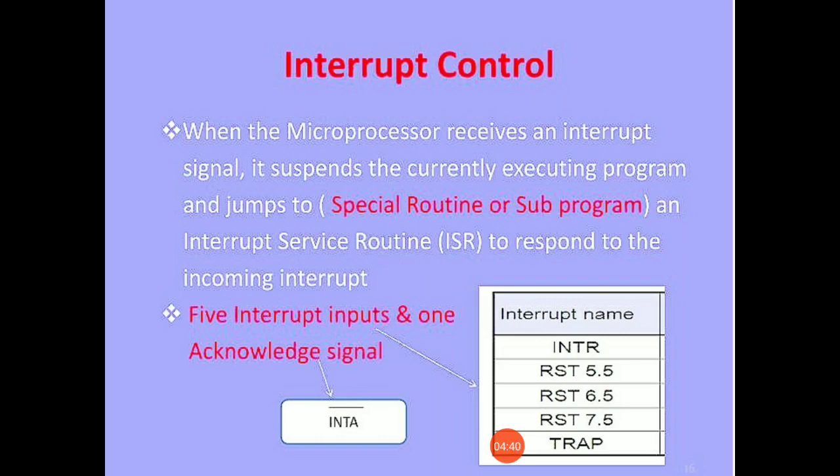So the interrupt control block has 5 interrupt inputs: RST 5.5, RST 6.5, RST 7.5, TRAP and INTR, and one acknowledge signal, INTA bar. So we will discuss each and every pin in the pin configuration of 8085, meaning I will be discussing INTR, RST 5.5, RST 6.5, RST 7.5, INTA bar, TRAP, everything in the pin configuration.